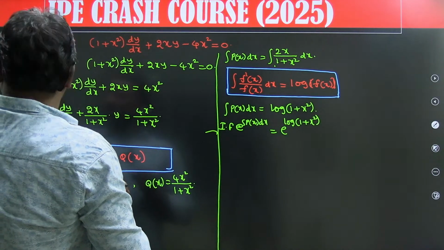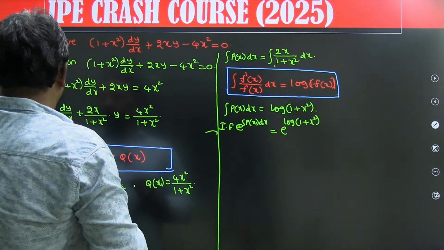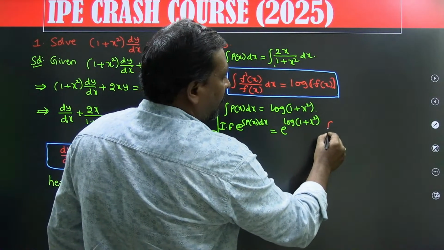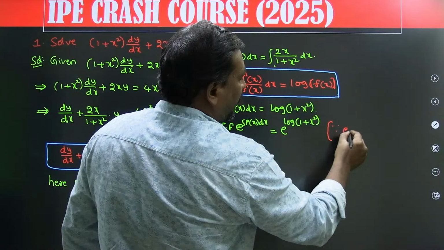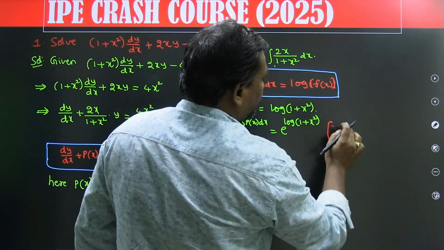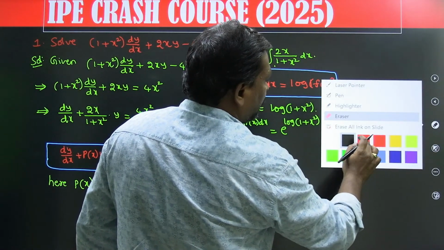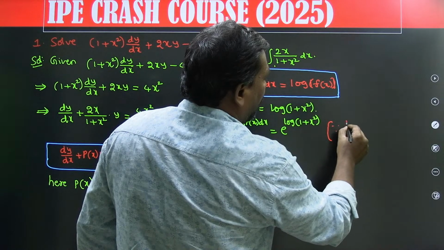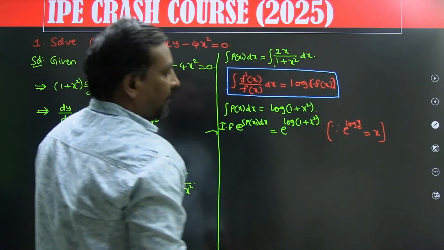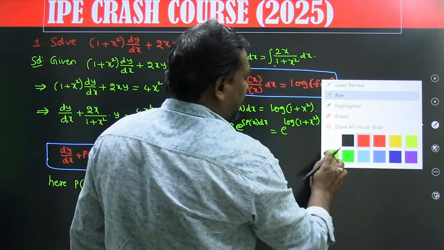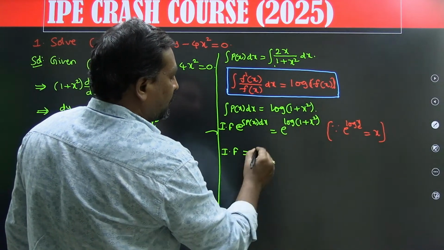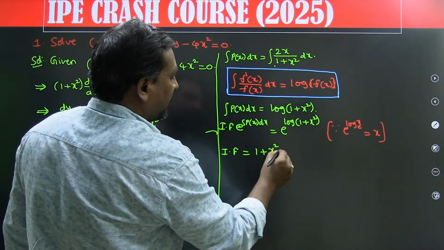Here we have another formula: e power log x, base e, is equal to x. So this integrating factor IF is equal to only 1 plus x square.